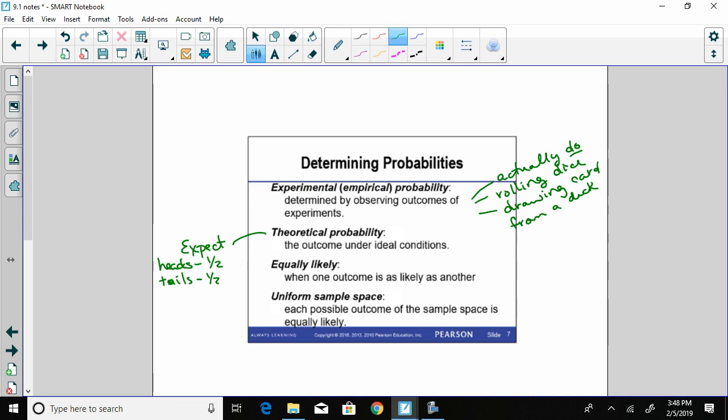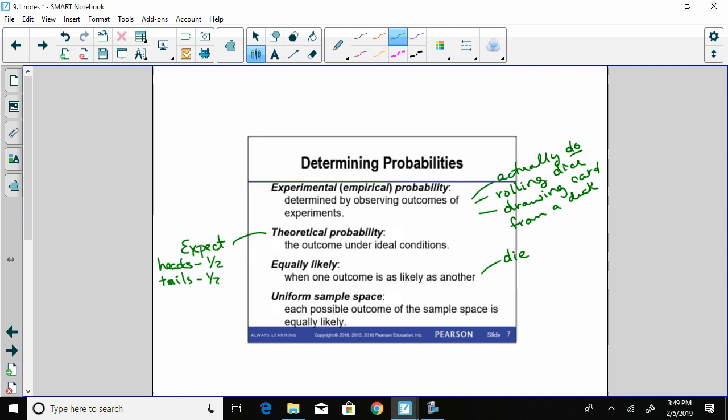Now, equally likely, my students, at least in the middle school, they always get this confused. Equally likely means they all have the same number of chances of being an outcome, okay? When one outcome is as likely as another. Most everybody, at least my middle schoolers, think it's 1/2. No, think about a die, okay?